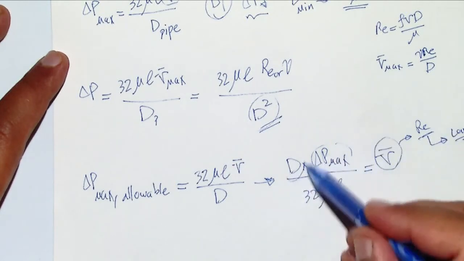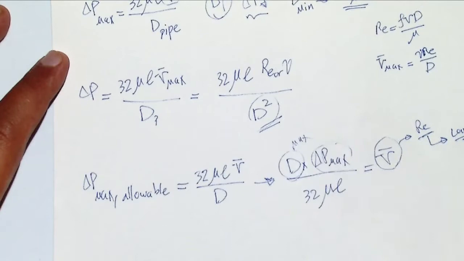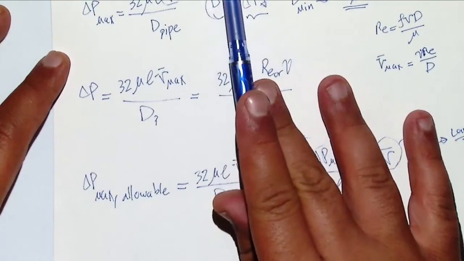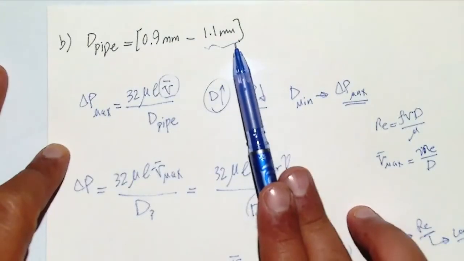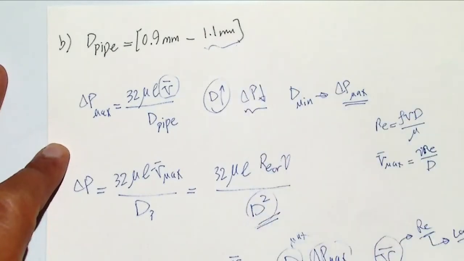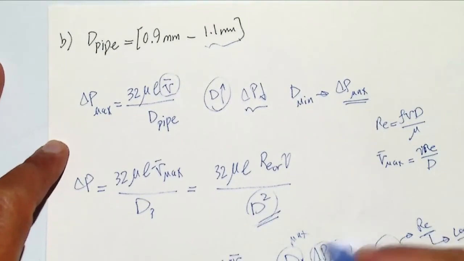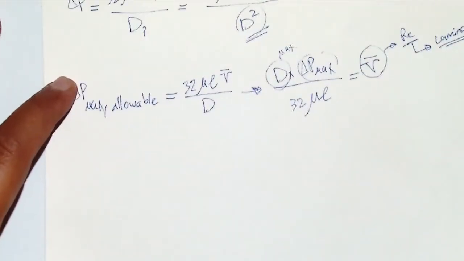Then your D has to be maximum. If you check the maximum D that you will have in the manufacturing process, then you could find the maximum delta P allowed. So that would be the limit that you have to check for.